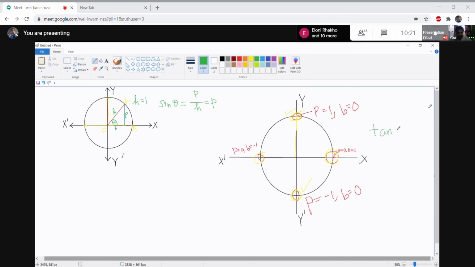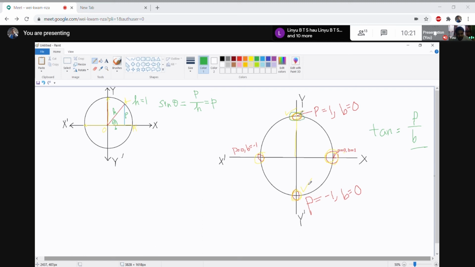We know that tan means what? Perpendicular by base. So wherever the base is 0, any real number divided by 0 is undefined. Whenever the denominator b is 0, which is at these 2 points, here b is 0.